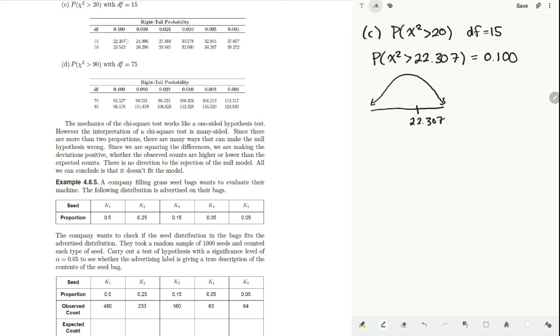So under the chi-square distribution with 15 degrees of freedom, this is the right tail area. And what we want to find is the area to the right of 20.